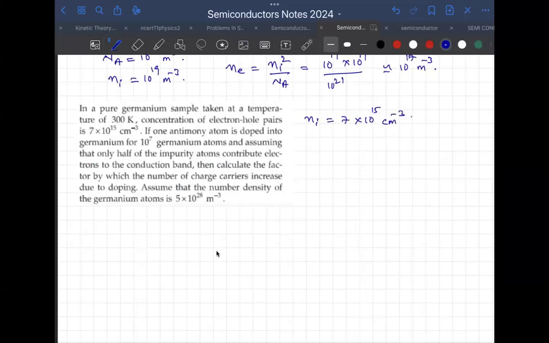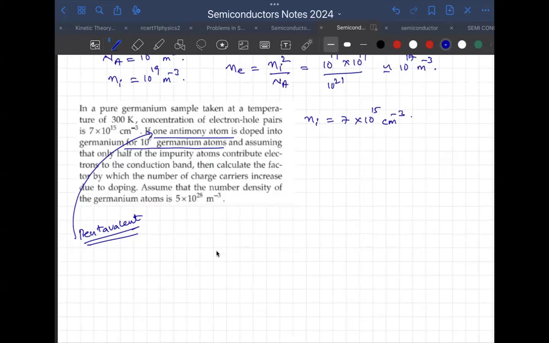If one antimony atom is doped into germanium for 10 power 7 germanium atoms, by the way, what is antimony? So the impurity added is pentavalent. So now what type of impurity will it be? Donor. I will have donor impurity.